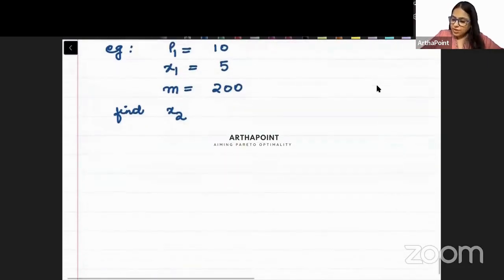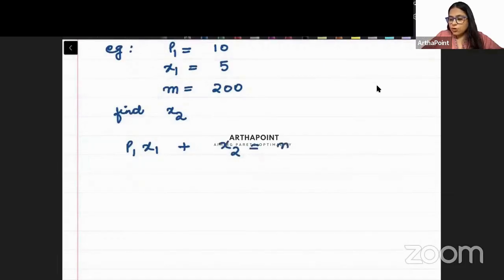तो देखो ध्यान से. I know P1 X1 plus, बेटा अगर मैं budget line पर हूं, if I am on the budget line, so P1 X1 plus X2 will be equal to income of the consumer. This equal to sign represents that my entire income is spent.